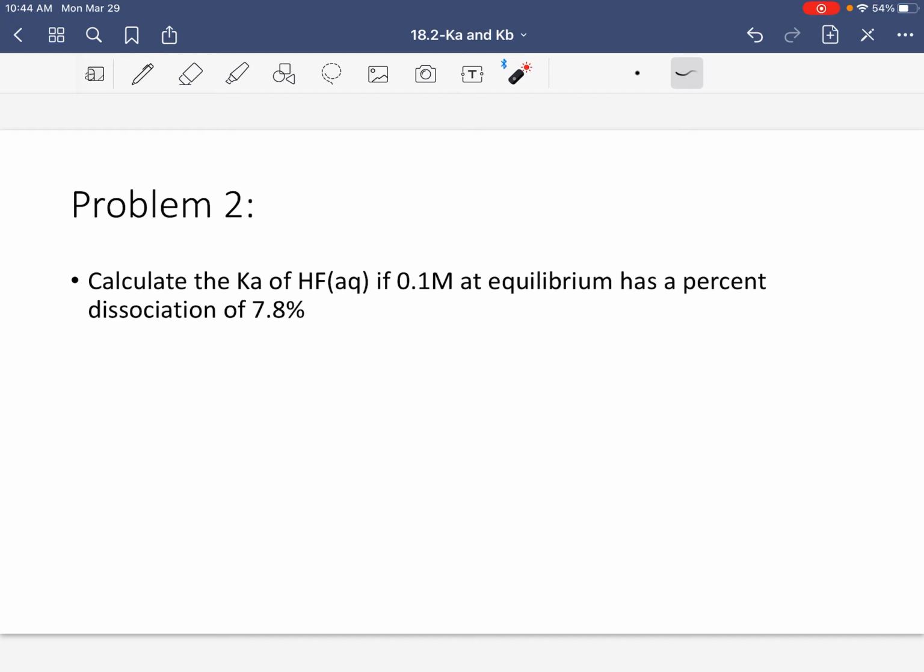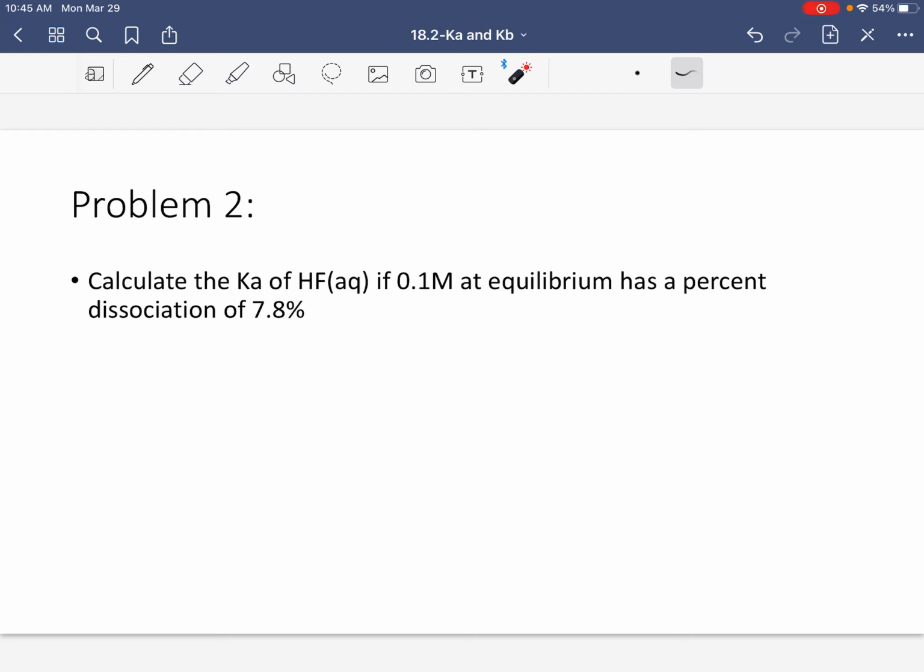Let's do example 2. Example 2 is based on, again, calculate Ka for hydrofluoric acid, if 0.1 molarity of this at equilibrium has a dissociation of 7.8%. Now, this is a little different from question 1.